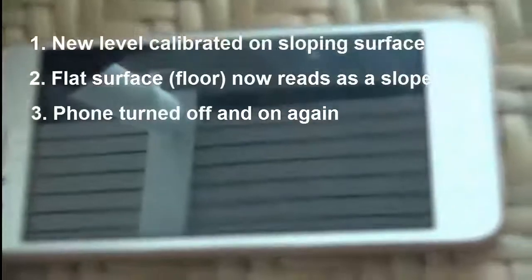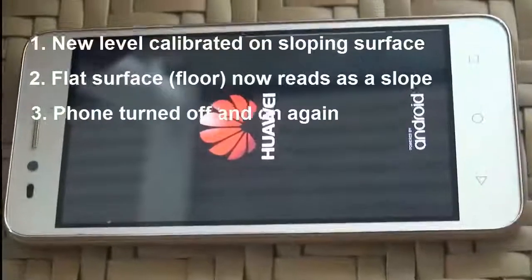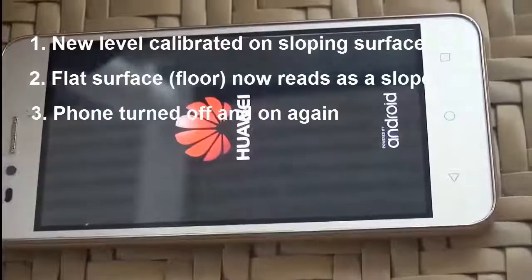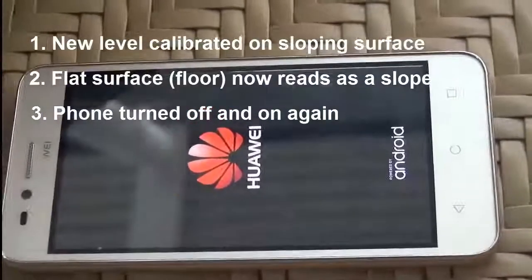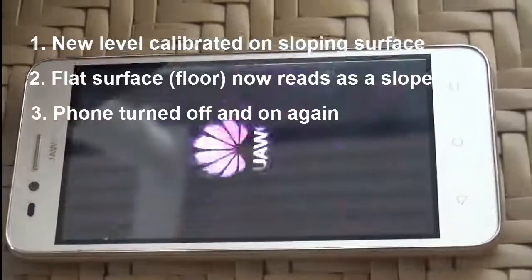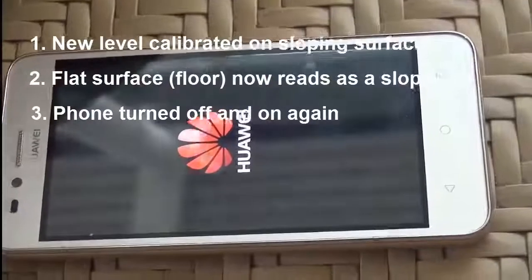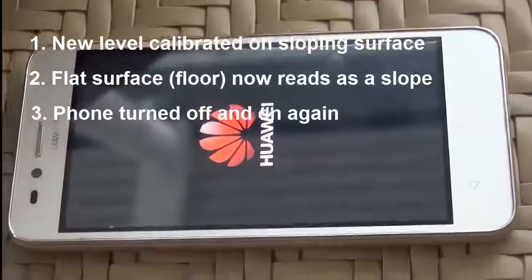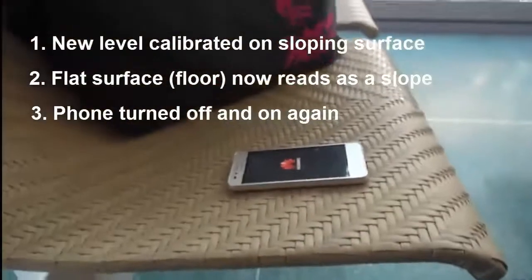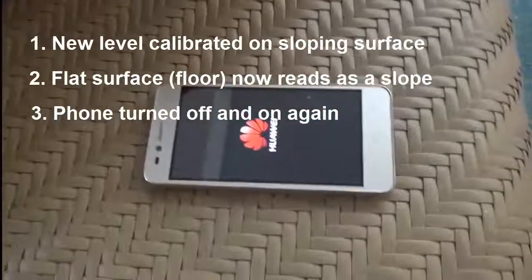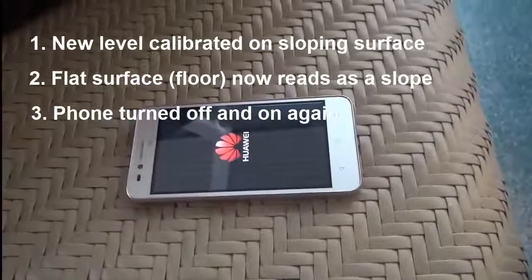Turn it back on again. So this is to show you that even after turning off and on again, the app should remember that this chair that is sloped is its level. Okay, just wait for it to load up.